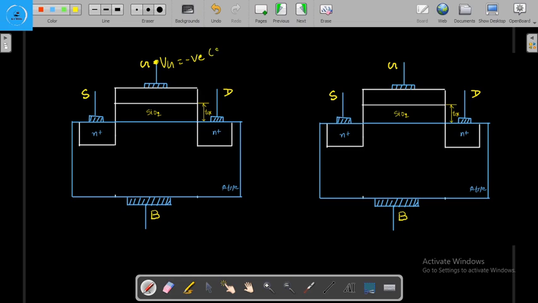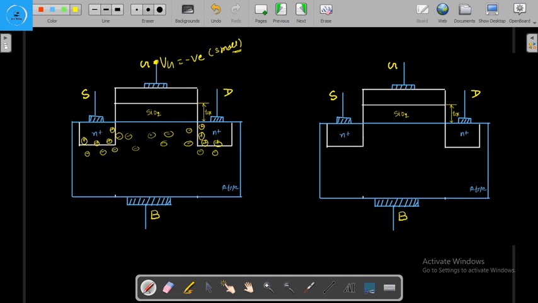When we have made Vg negative by a small value, what happened? Earlier, the depletion region had negative immobile ions present here.